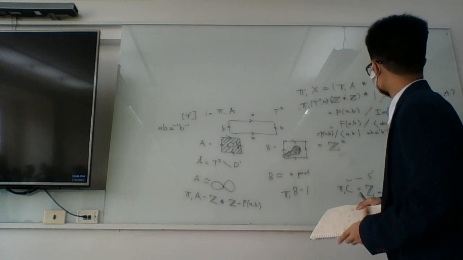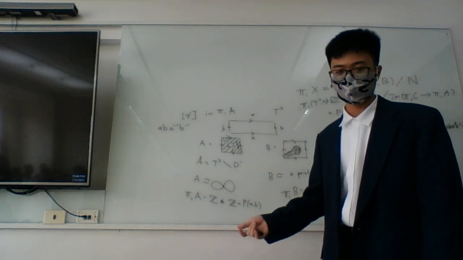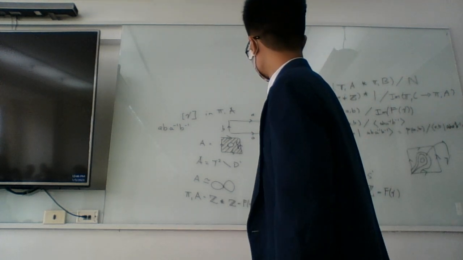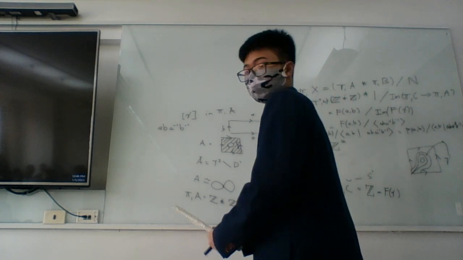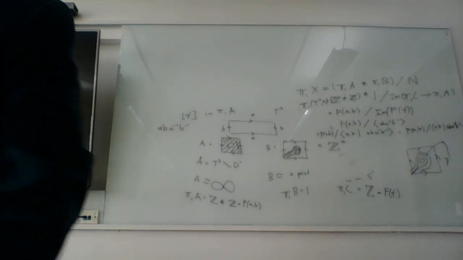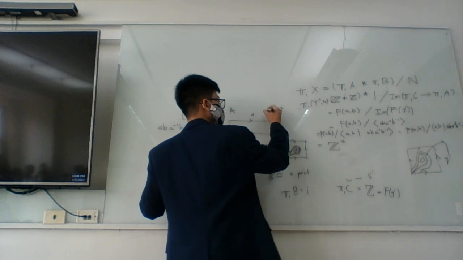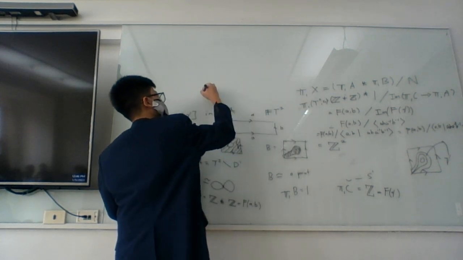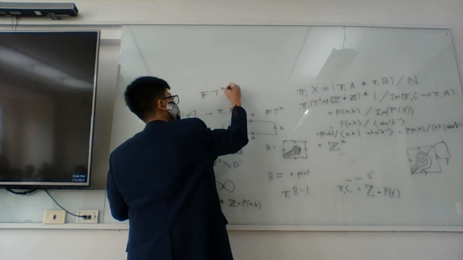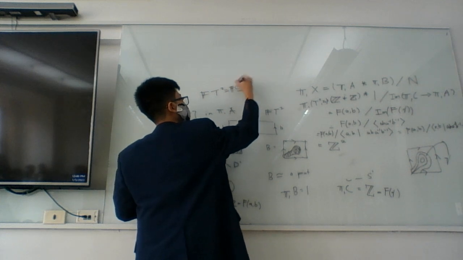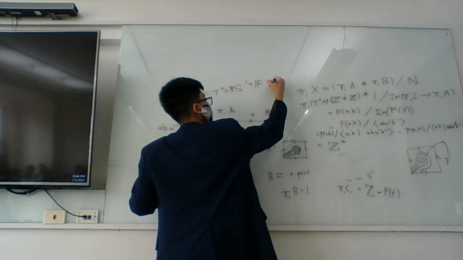Okay. So I know this is a lot to take in. So alright, let's femboyize it. So what you do is just say that this is FT2. So you recall the FT2 is FS1 cross FS1.